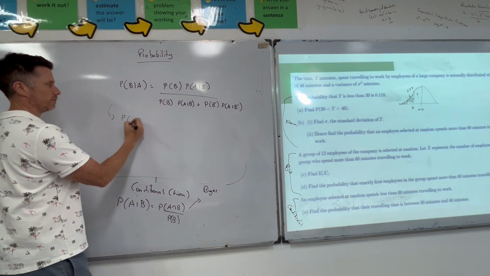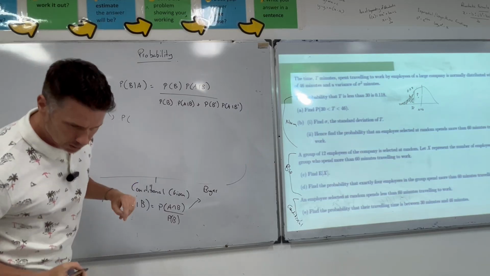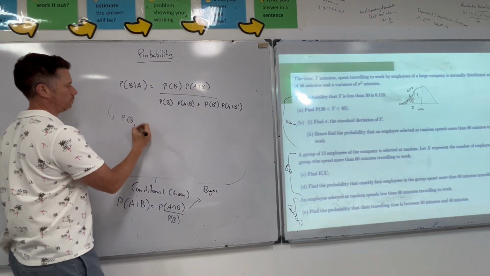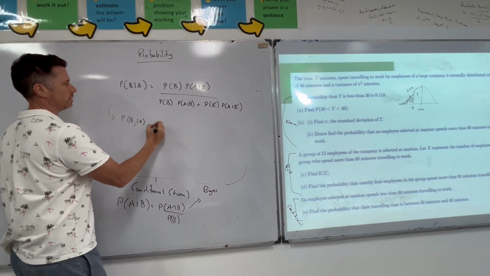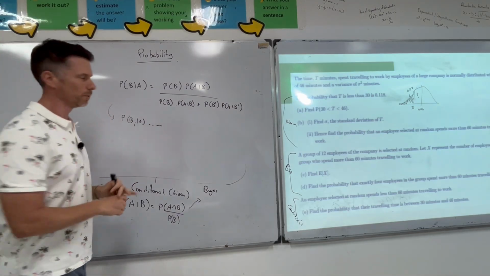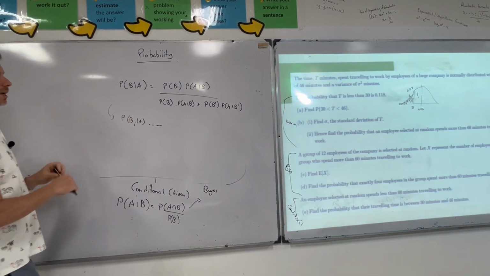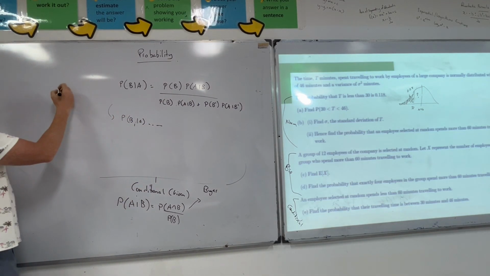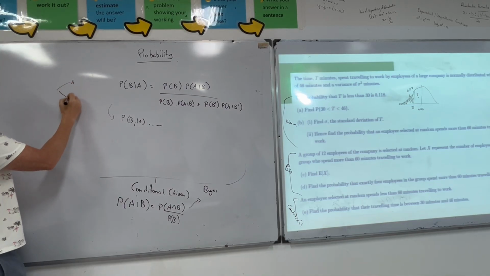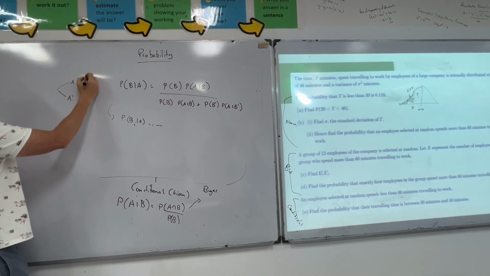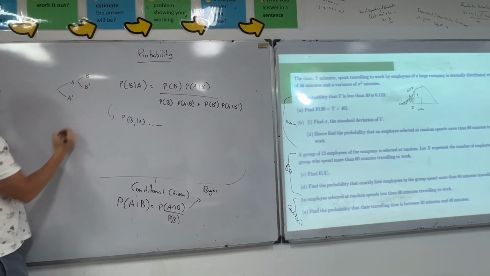And then let's get rid of the elephant in the room. The next stage in the formula booklet is a more complicated looking formula. The difference between these two formulas is, if you drew a tree diagram, this is the probability of A, and from then on there's only B and B not.